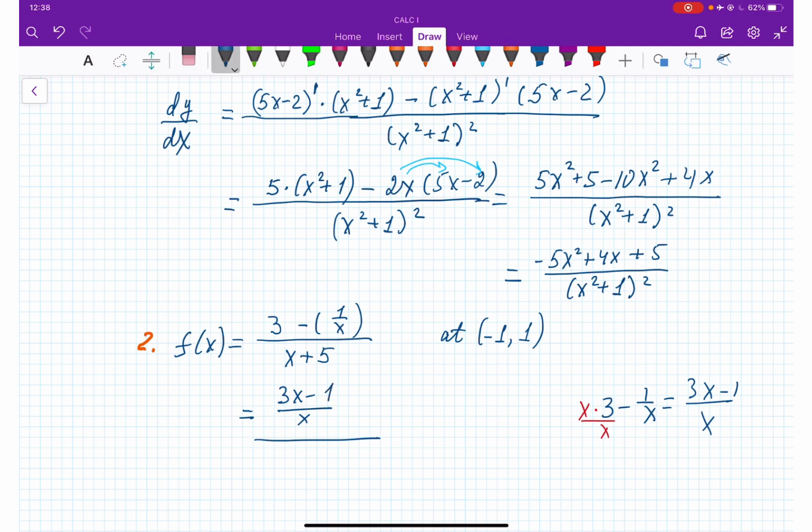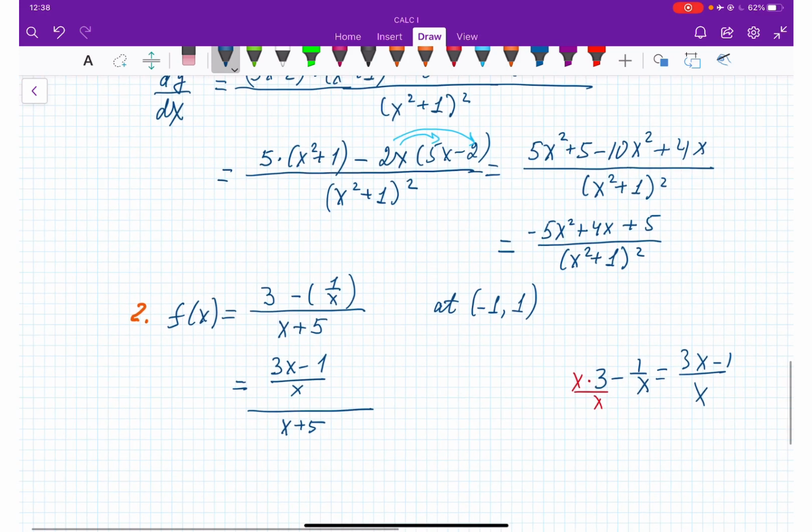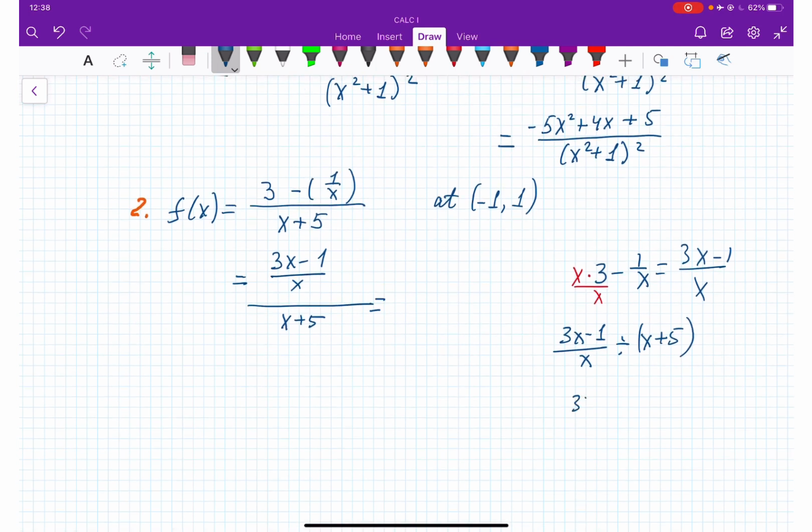Okay, 3x minus 1. Now in denominator, x plus 5. And once I divide, what am I getting? 3x minus 1 divided by x, divided by x plus 5. That is equal to 3x minus 1 over x multiplied by 1 over x plus 5.